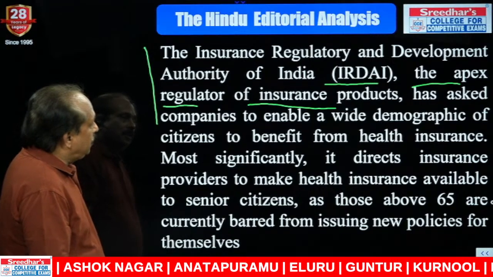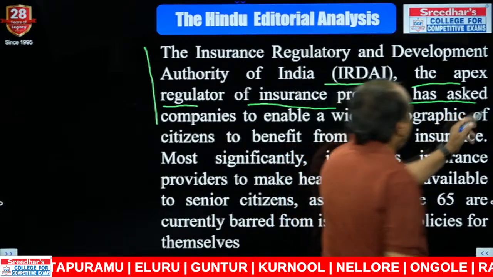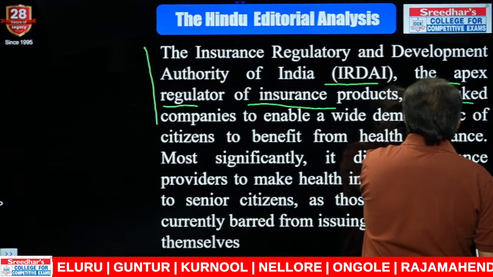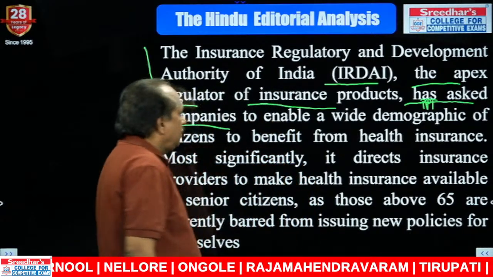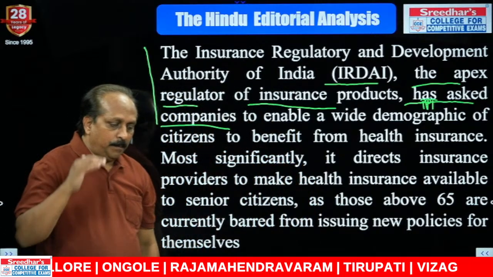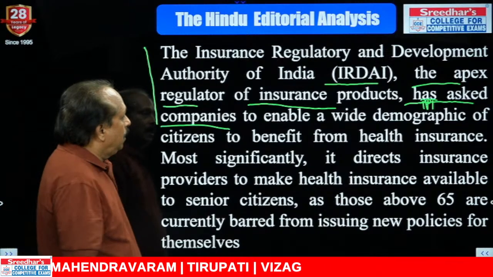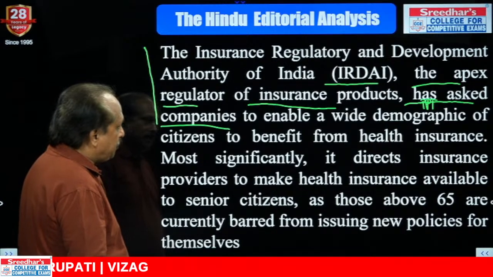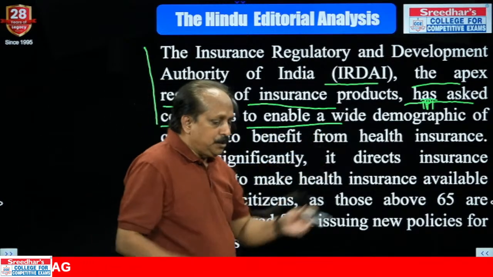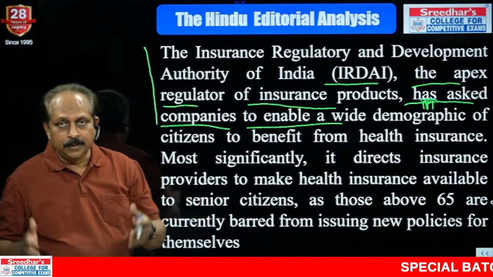The apex regulator of insurance products has asked companies. Here, has asked is present perfect tense in active voice. The apex body, top body, has asked the companies to do what? To enable a wide demographic of citizens to benefit from health insurance. Means to widen the scope to include more categories, demographic groups.